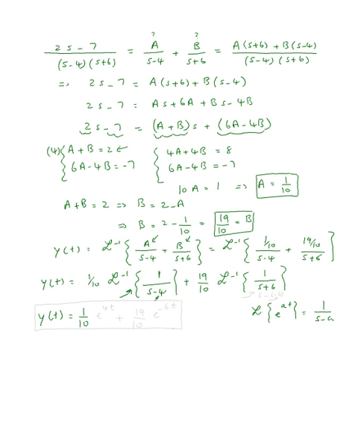My a happens to be 4, so that would be e to the 4t, plus 19 over 10 Laplace inverse of 1 over s plus 6. Remember, this is the same thing as s minus minus 6, so my a happens to be negative 6. So it's e to the negative 6t. And this is the solution for the initial value problem. And that's it for this example.